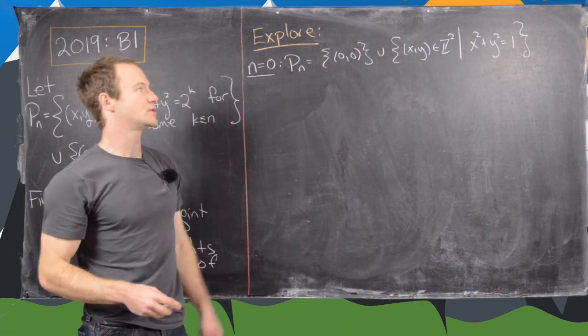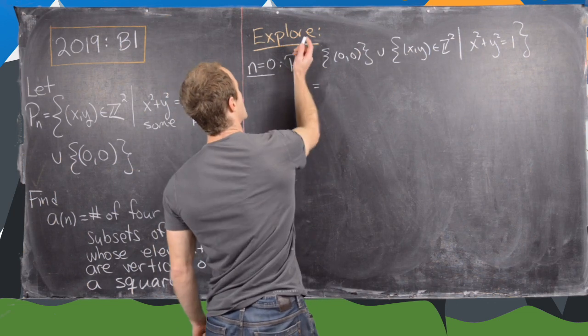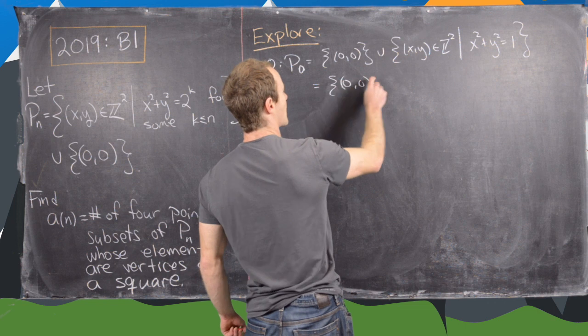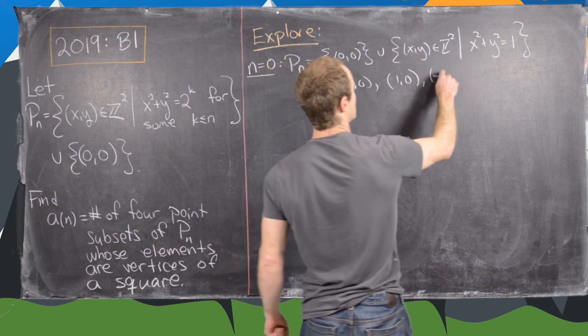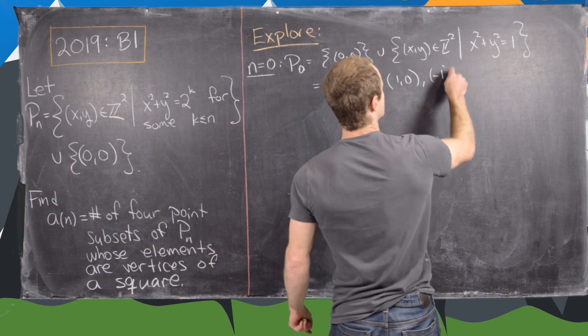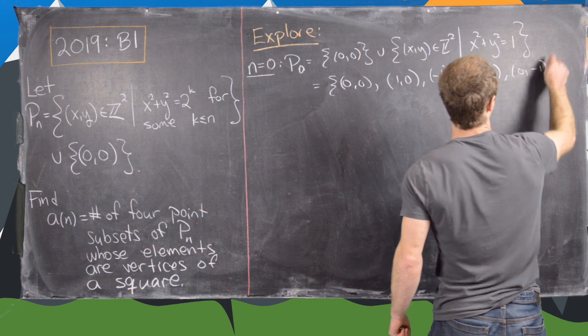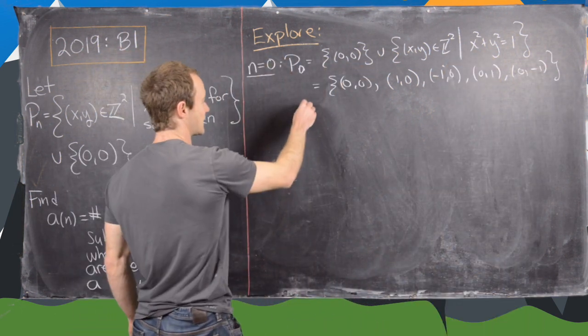Good, so it's not too hard to solve that equation for all integers, and notice for P of 0, we'll get the origin, and then we'll get (1, 0), (-1, 0), (0, 1), and (0, -1). And those are our only integer solutions. So now let's look at that on a graph.